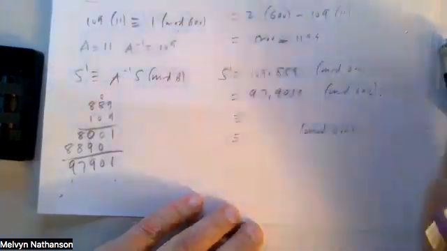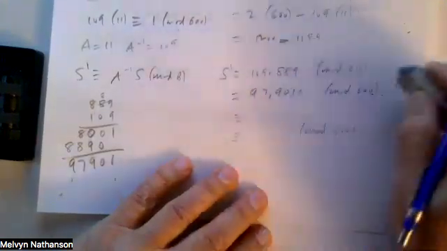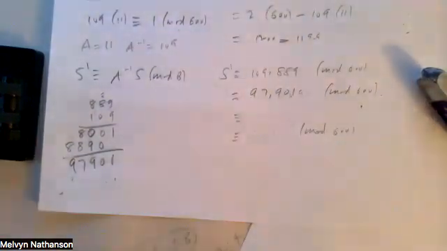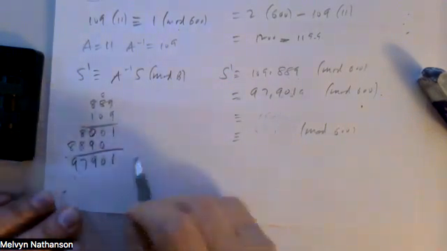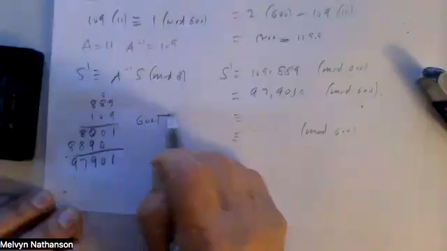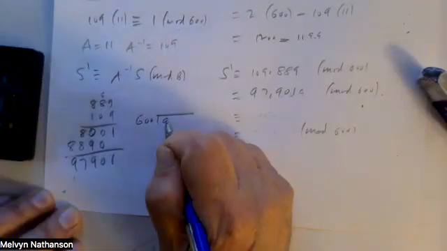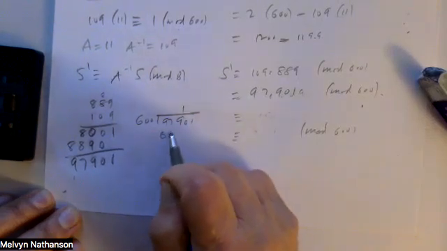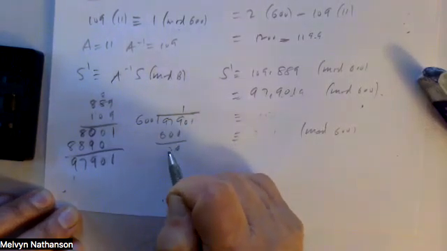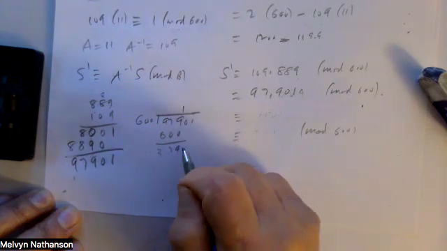97,901 mod 600. So if I divide 600, and again, just do it the hard way. 600 divided into 97,901. This goes once. 973, 0.